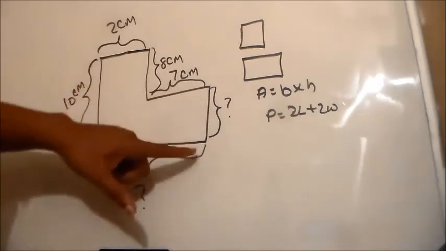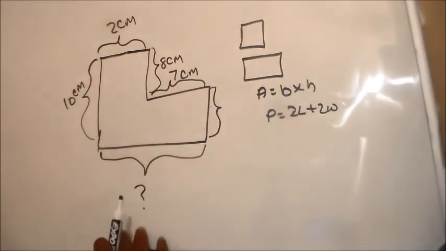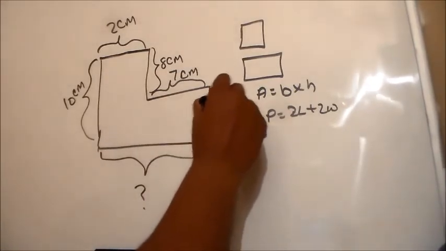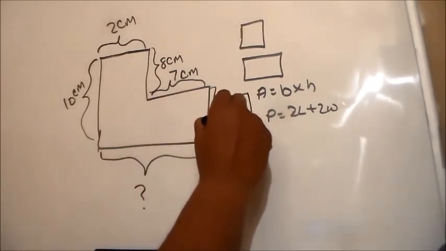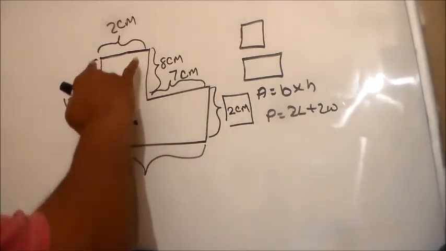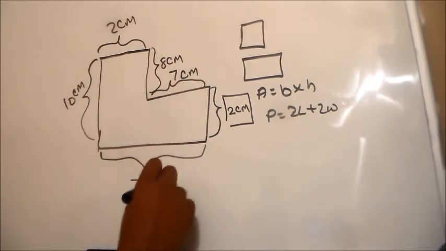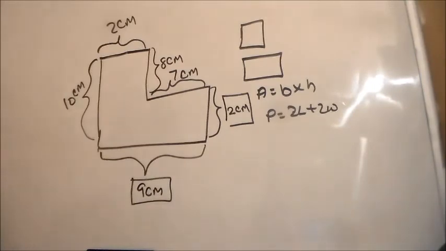So to continue down, we need 2 more units to make 10. So I'll put it in a box, 2 centimeters. And then here, we have 2 here, and then 7. So we'll call this 9 centimeters. Okay, that wasn't too bad, right?